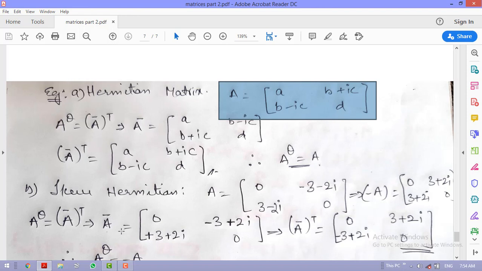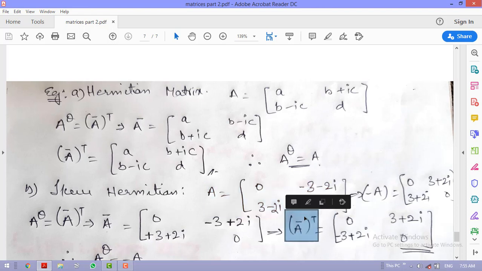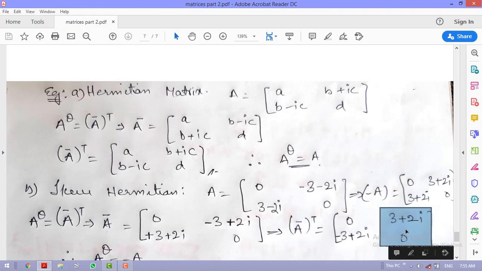First I am applying a conjugate operation to the matrix A. Then if I apply a transpose operation to that, this row will change into a column, 0, minus 3 plus 2i, and this row will change to this column, 3 plus 2i, 0.